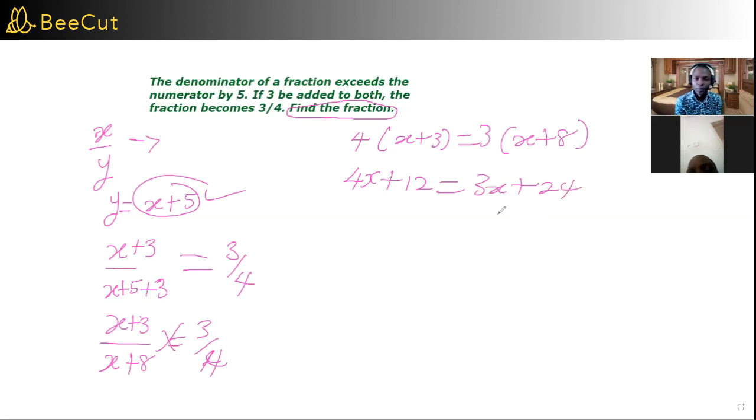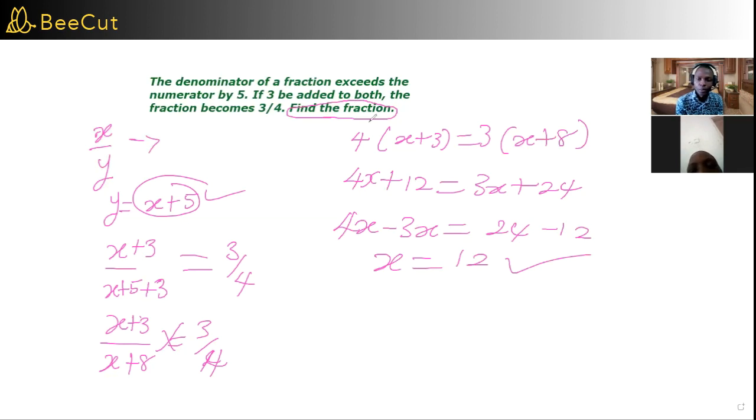So I collect like terms, x to be on the left side, then the numbers on the right hand side. So I have 4x here. This 3x is coming to become negative 3x. Then I have 24 outside, and this 12 becomes minus 12. So 4x minus 3x is 1x. Then 24 minus 12 is 12. So that means my x is 12.